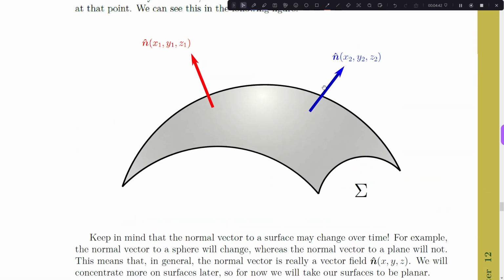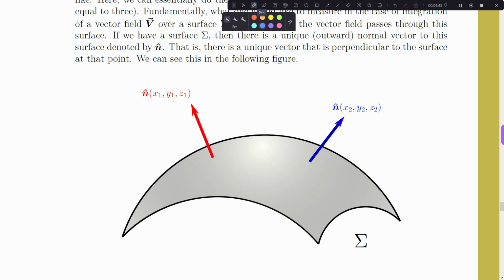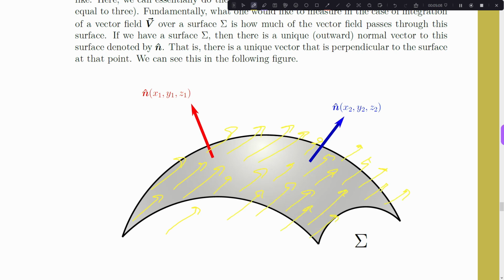And if we want to, maybe let's draw a vector field on here. I'm going to start to get a little bit more specific. Suppose I have a vector field. For some reason, it only points in this direction. Okay, so there's my vector field V. I might want to ask the question, how much of this vector field passes through the surface? Passes through sigma.